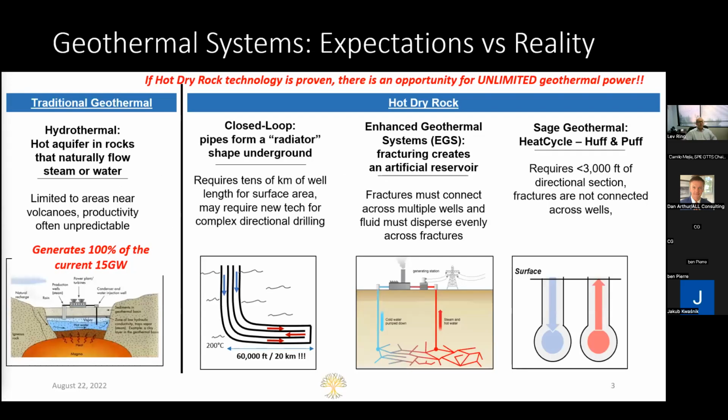So there are three known ways today that you can generate geothermal power. All 15 or 16 gigawatts of global capacity available today are being generated by a single source, which is conventional hydrothermal.